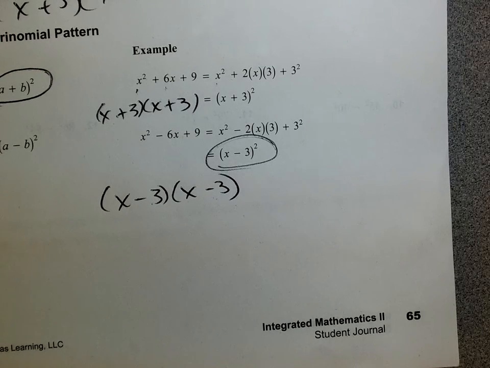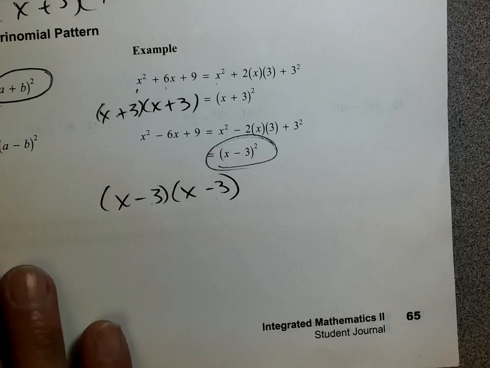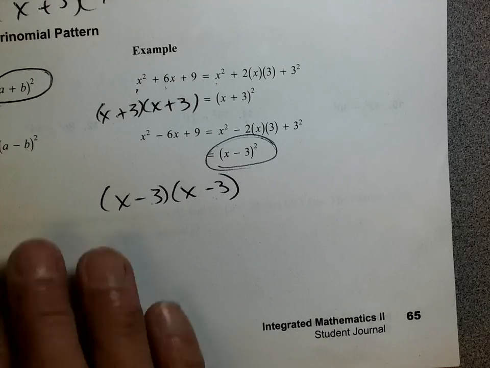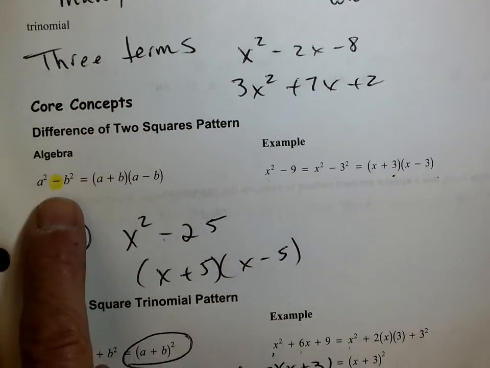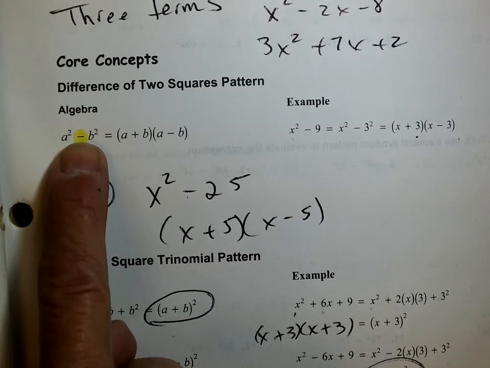Now here's a little trick, and sometimes tricks help some kids, but I think you've already learned this. If our sign is negative, then we know the answers are going to have a plus and a minus.